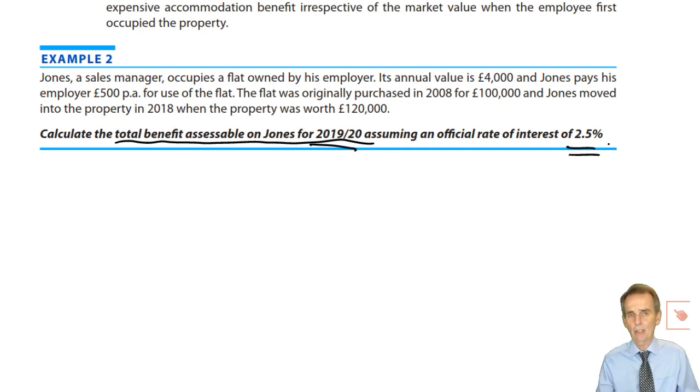That hasn't changed since 2017-18, so it's exactly the same calculations. It's just that in the lecture you're about to see, we're dealing with the 2017-18 tax year, rather than here in these notes and with the answer in the back, the 2019-20 tax year.